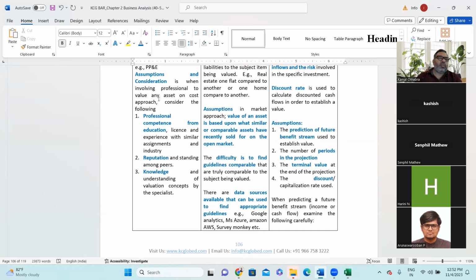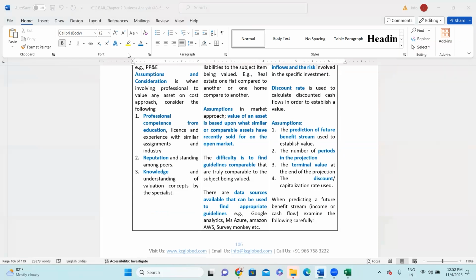That means, like you might have heard of valuer, certified valuer, right? Have you heard of such kind of certification, certified valuer, right? So there are certified valuers not only for the shares, but there are certified valuers for the property, plant, equipment, machineries, or land and building as well.